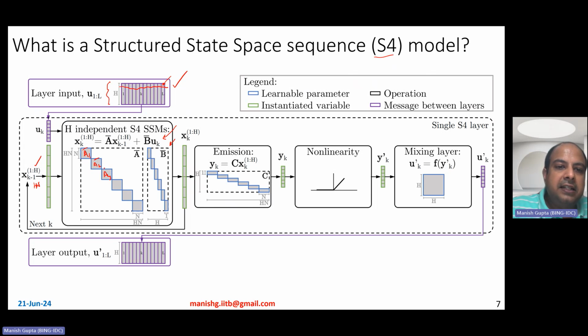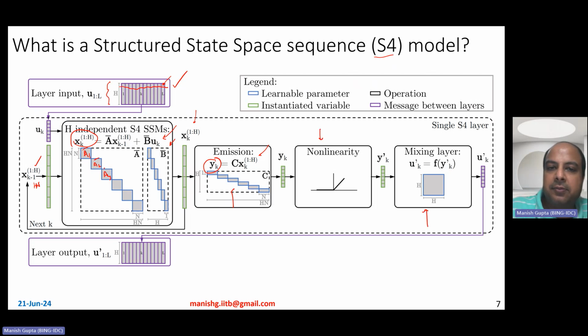And then basically you do all of that, and that gives you the revised state space representation, right? Now, on top of this revised state space representation, you can do C x_k so as to get the emissions y_k. Again, that makes use of this matrix C, right? Again, for each of the H dimensions, you have N-sized vectors, right? You apply nonlinearity after that, and you can do a mixing layer.